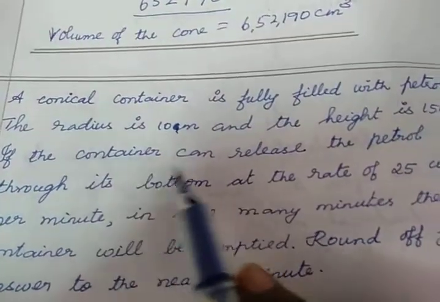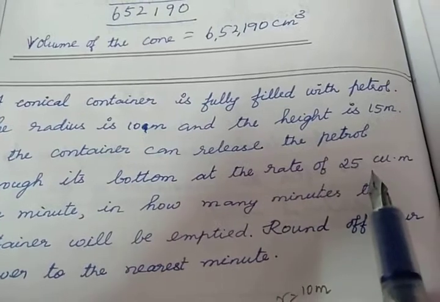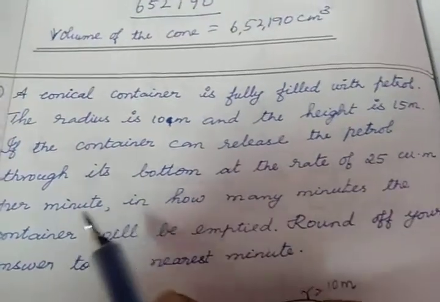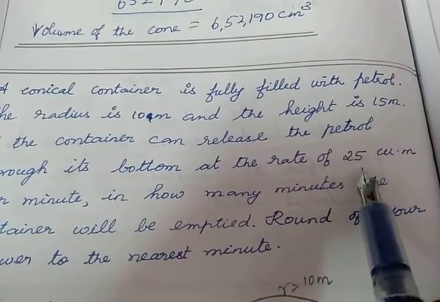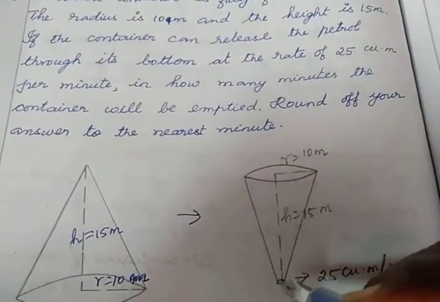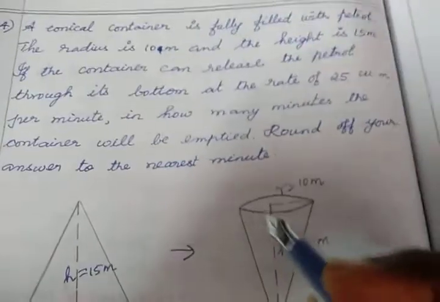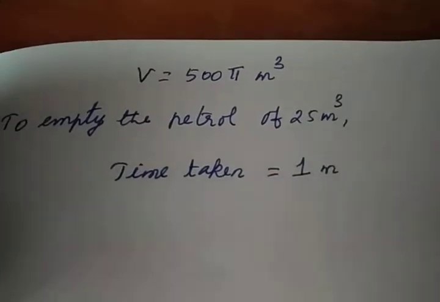If the container can release the petrol through its bottom at the rate of 25 cubic meter per minute, per minute it can release 25 cubic meter of petrol. So the full petrol must be emptied through this bottom. So how many minutes does it take? So time taken is 1 minute to empty 25 meter cube of petrol.